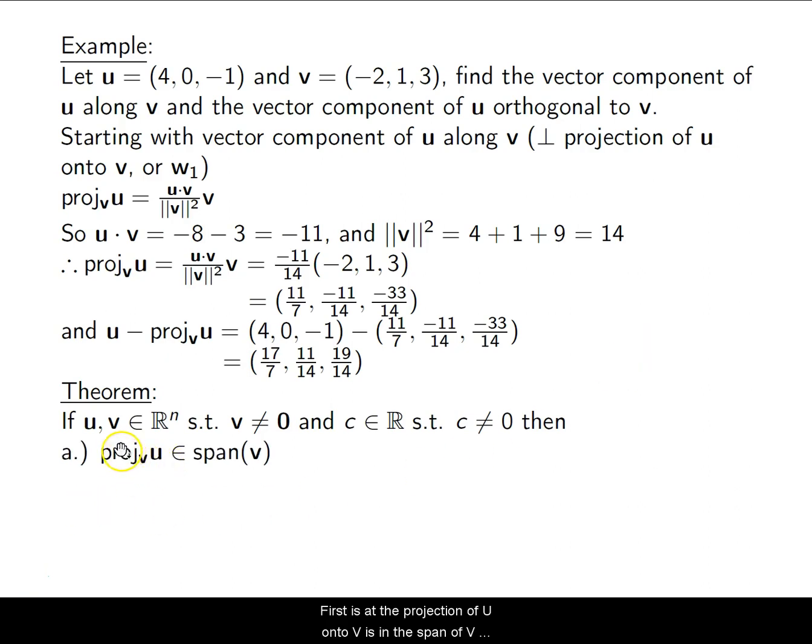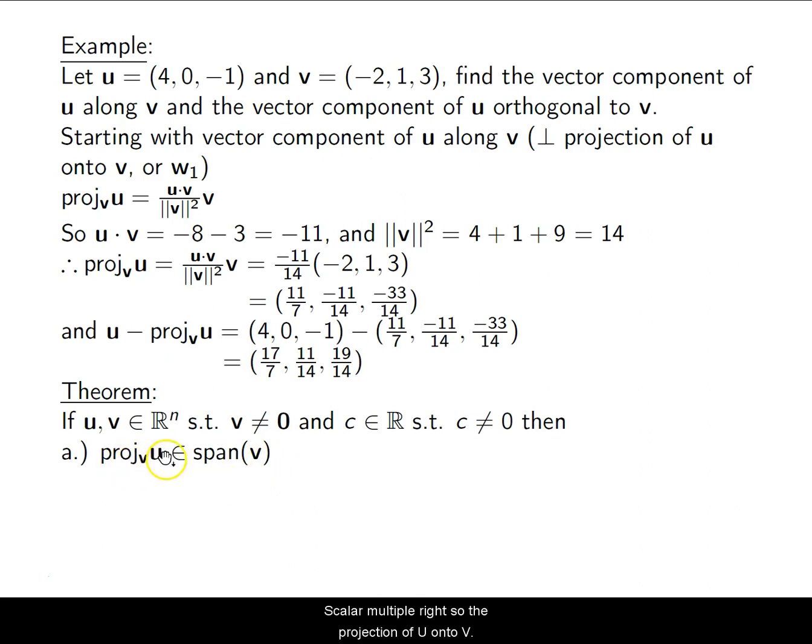Okay, first is that the projection of U onto V is in the span of V. And that should make sense because this projection is a scalar multiple of V. It is something that can be made by a linear combination of V, meaning if this was twice the size of V, I can add two V's together and I will get that scalar multiple, right?